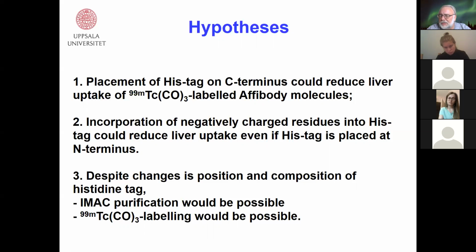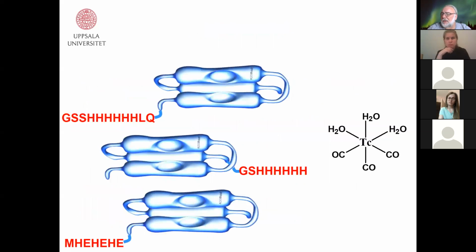And what we figure out, that it's still possible to purify it using IMAC chromatography. So it solved the issue. And it still was possible to label with technetium at N-terminus with reasonable stability.